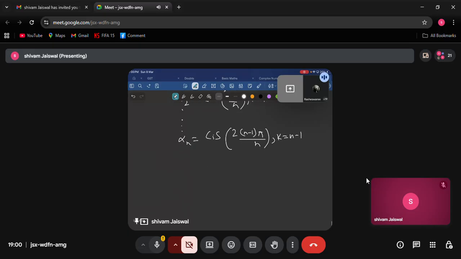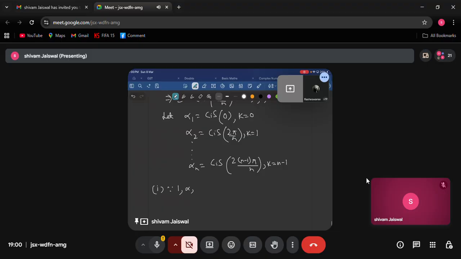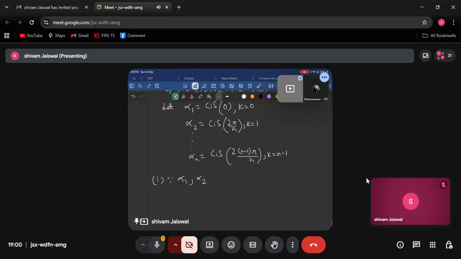So there are some relations, some properties we need to understand. Number 1. Since alpha 1, alpha 2 up to alpha n are nth roots of unity, remember alpha 1 is equal to 1.